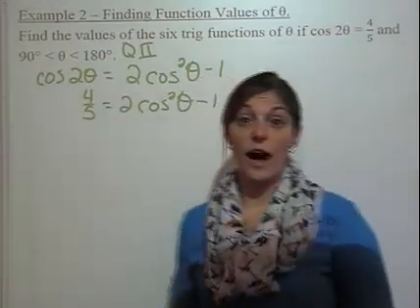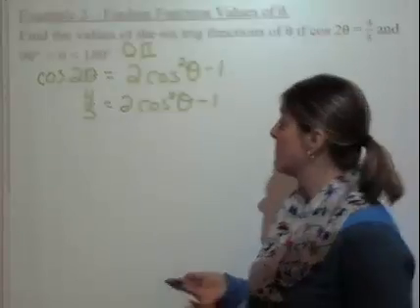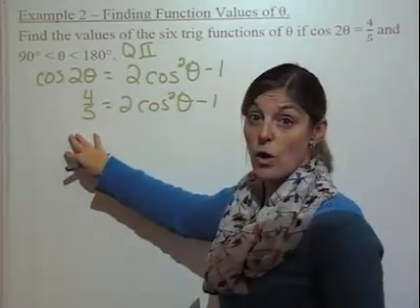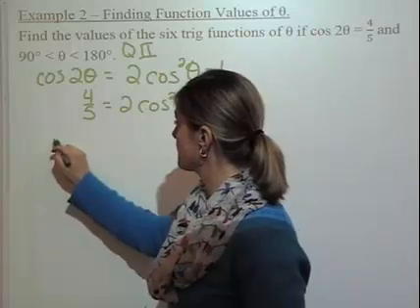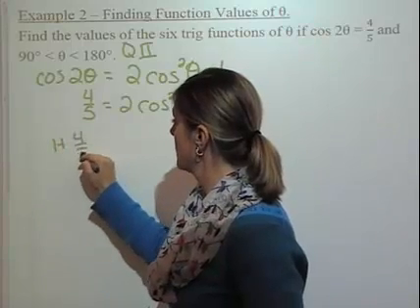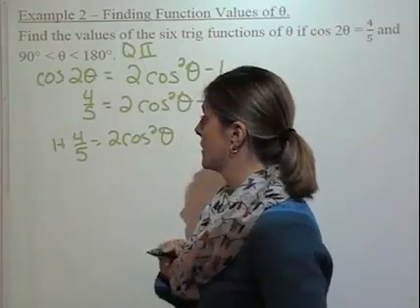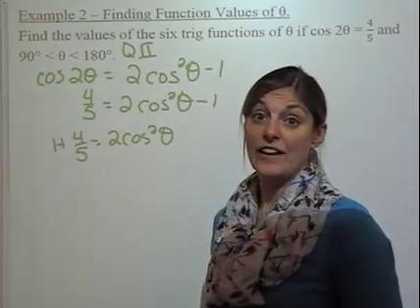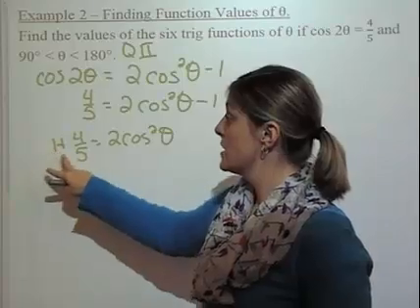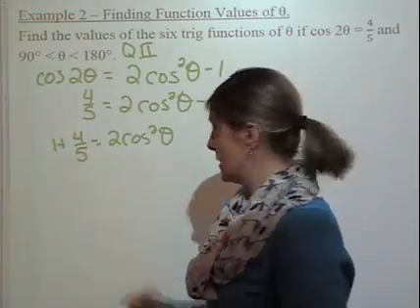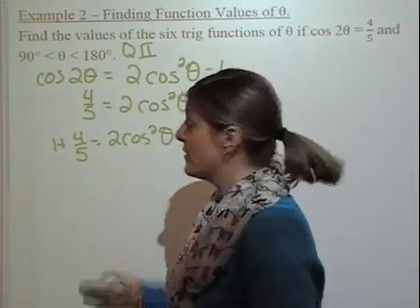So now we just use our algebra skills to solve for cosine of theta. So first we're going to add 1 to both sides. Okay, and that's really going to give you 9/5 because that's 5/5 plus 4/5. So let's go ahead and make that 9/5.